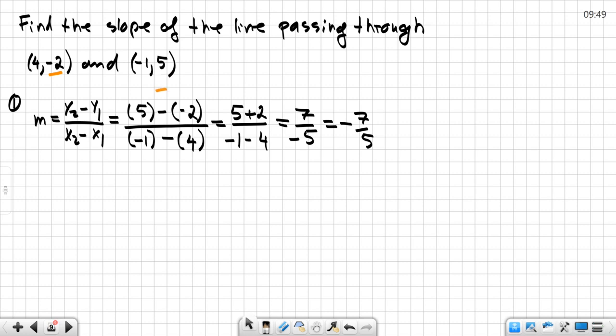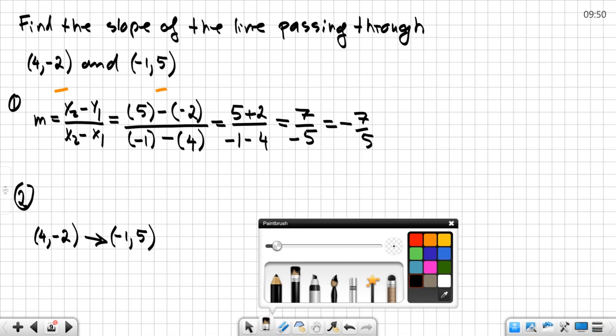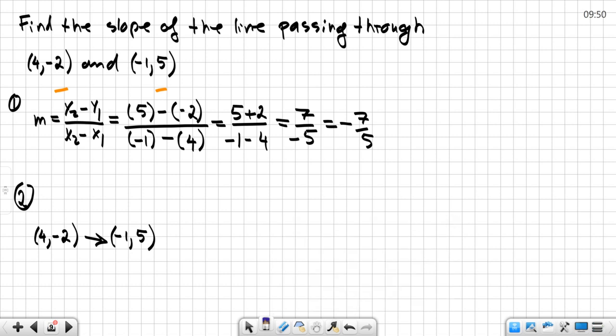Another way. I like this way actually personally more. If I have a point and a second point and I'm trying to find the slope, let's say this is method 2. I'm trying to find the slope from the first point to the second point. Then I'm just remembering this.